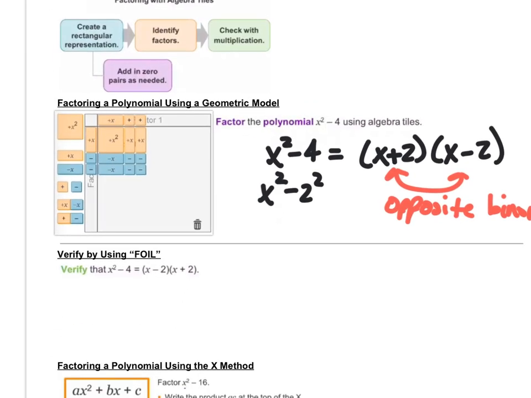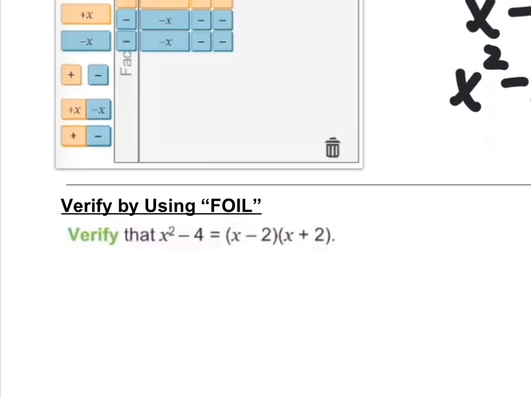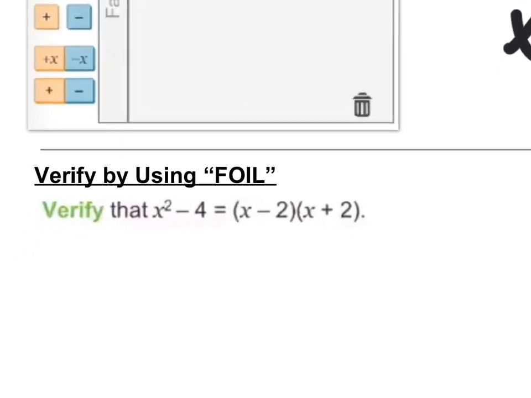And so what we can do, if we wanted to verify that this is the factored form of this polynomial, okay, then we would use the FOIL method, okay? And that means that we're going to take the first, which means we're going to take x times x, which gives us x squared, okay?